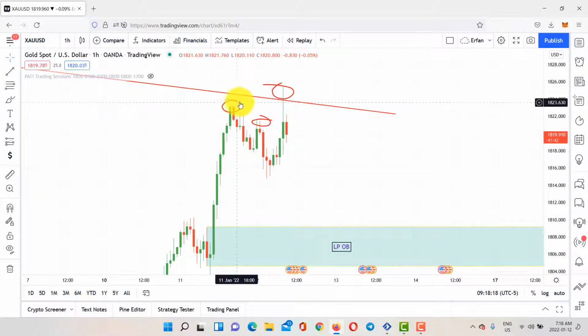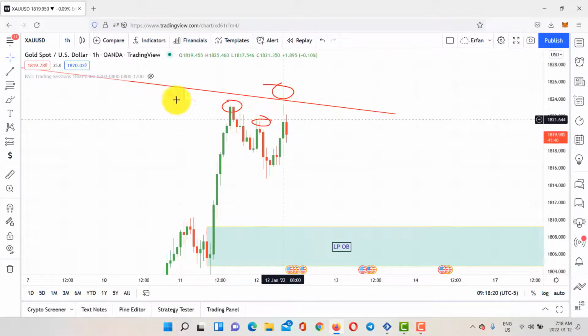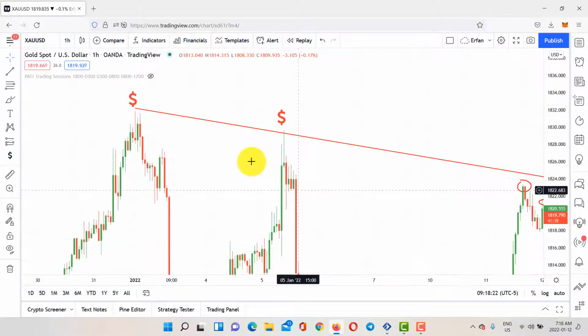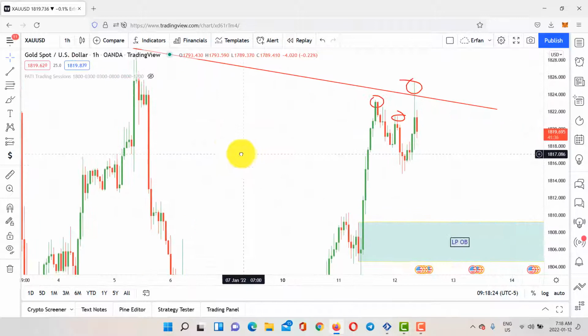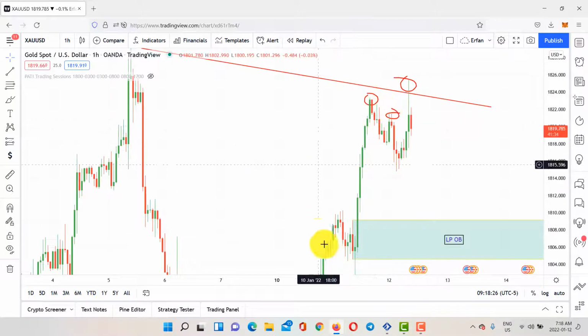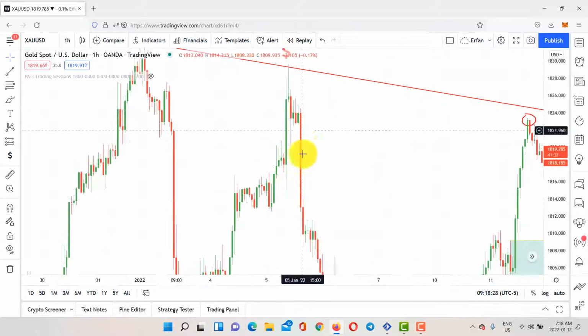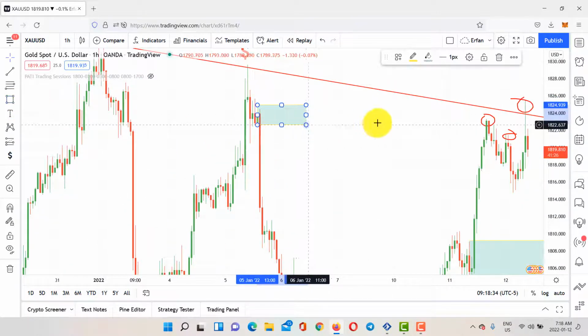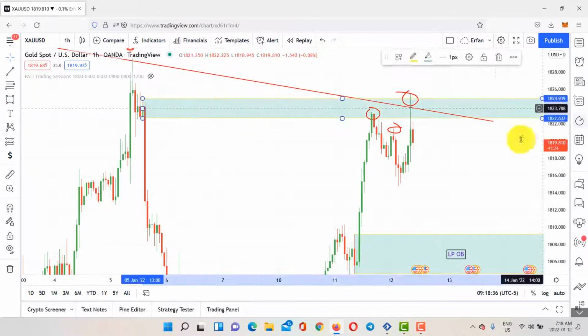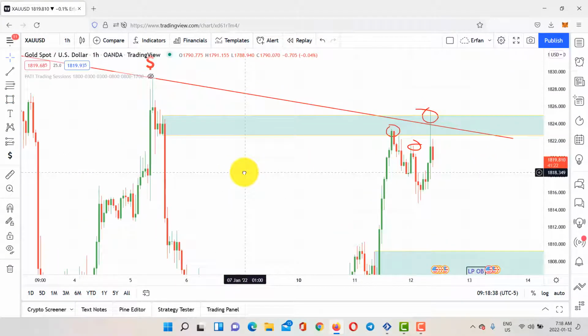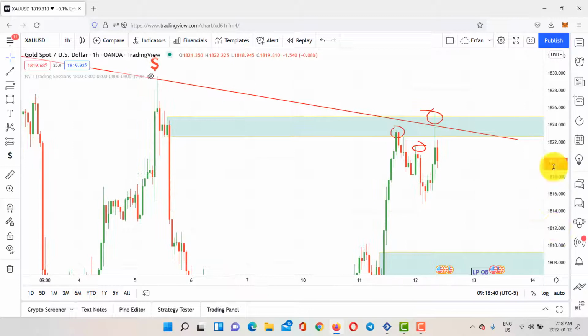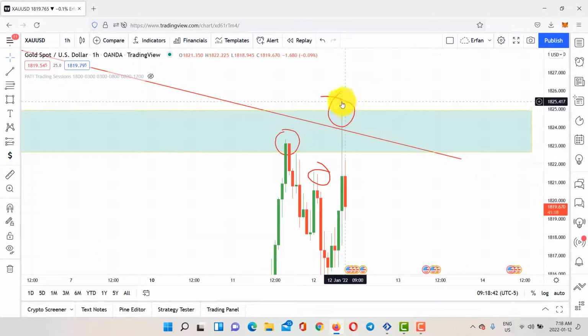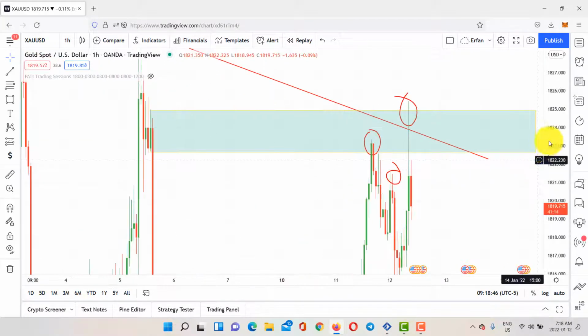But I'm feeling like it's forming some sort of head and shoulders, so I'm getting ready to take a sell position here, because all this happened because of this huge gap right here. See this huge gap? And if I want to draw it here, you see that this is a huge gap, and it broke into this order block and made it invalid, or I would say low probability.